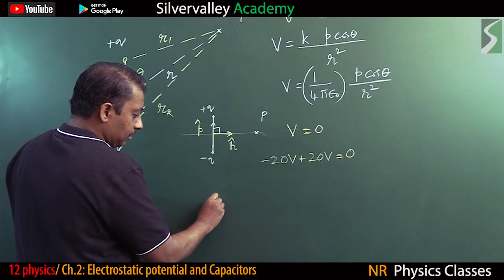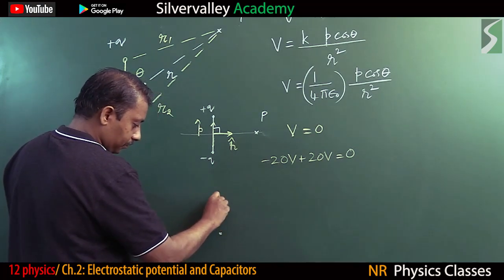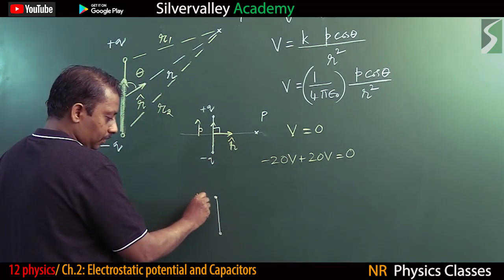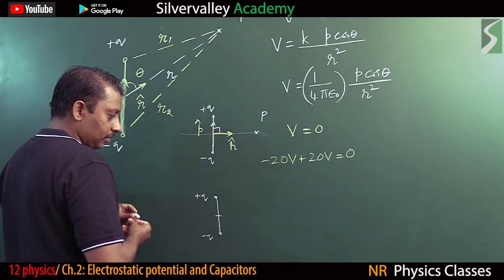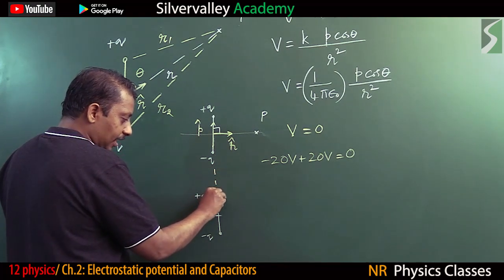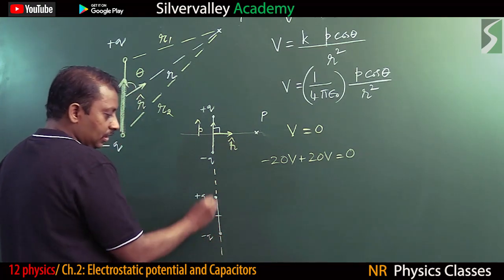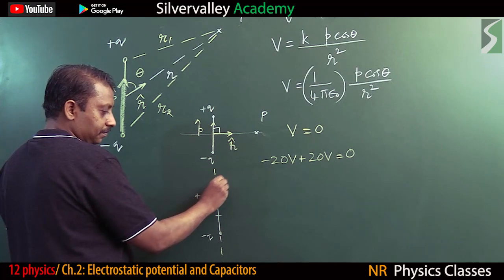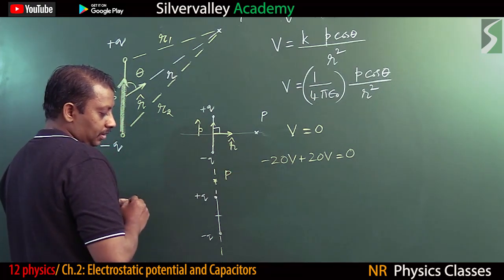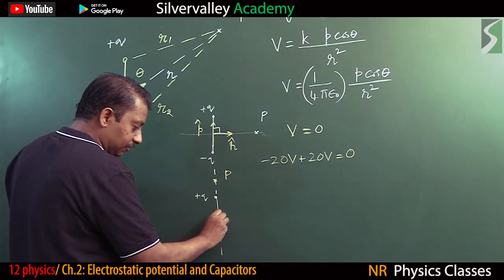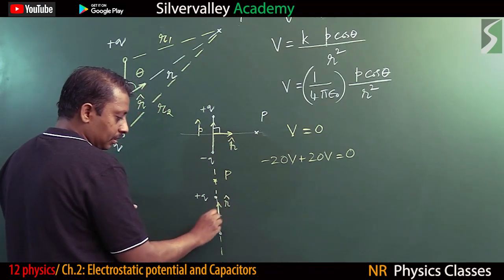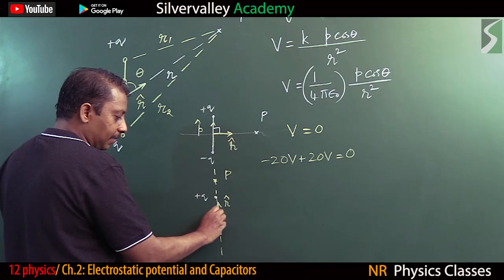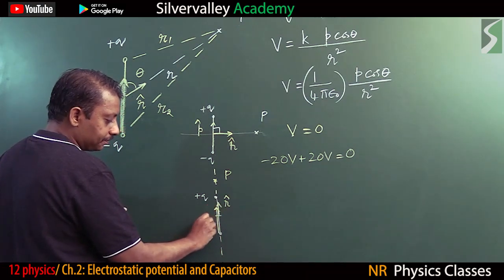Next, this is the dipole, plus q, minus q, center of the dipole. This is the axis of the dipole. If point P is somewhere here, then the angle made by position vector, so this is position vector r cap, and this is dipole moment p.